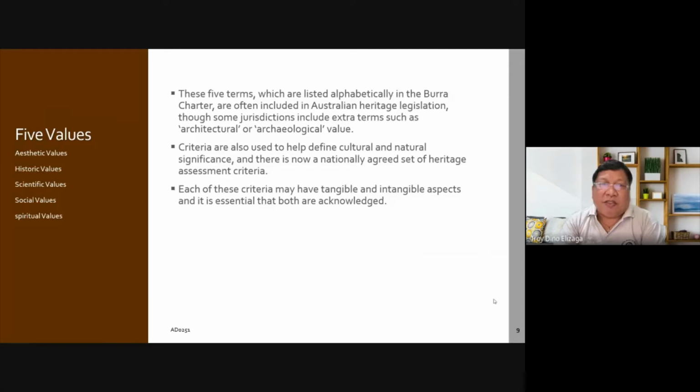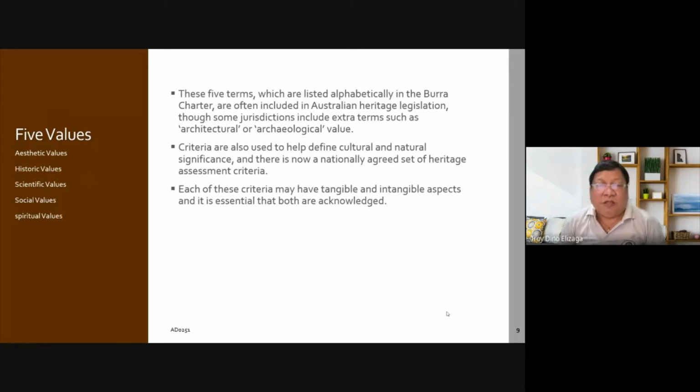Though some jurisdictions include extra terms such as architectural or archaeological value, this is what I meant earlier. And in the example I will be giving, there are actually more than five values. Criteria are also used to help define cultural and natural significance, and there is now a nationally agreed set of heritage assessment criteria.